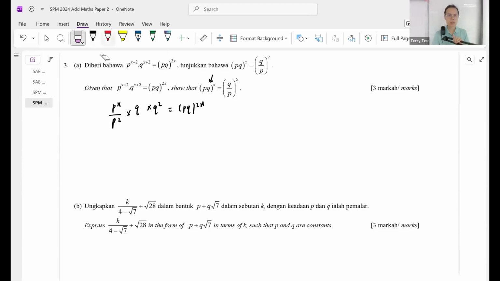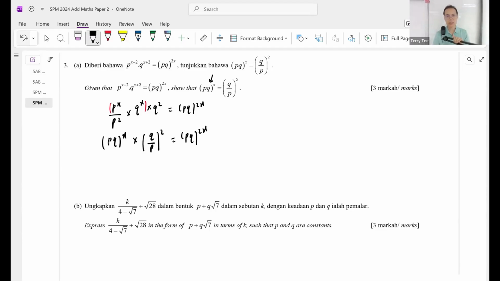We need to group the p power x and q power x together, becomes (pq) power x. Then the q squared and p squared, we put together, we put (q over p) squared. The result is (pq) power 2x.